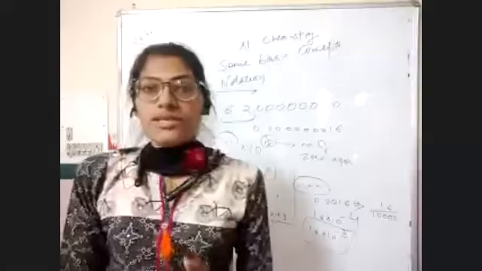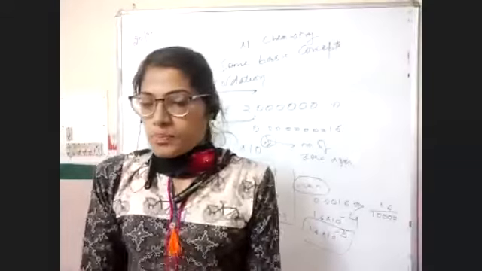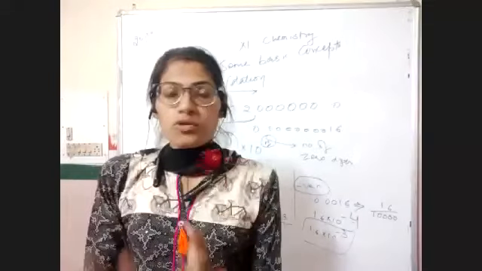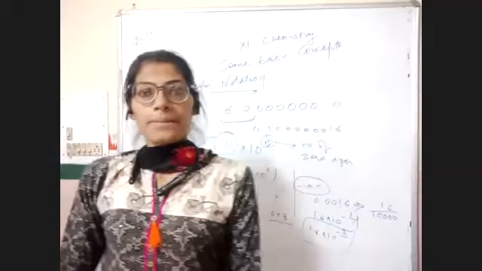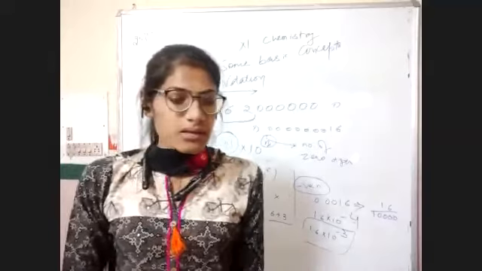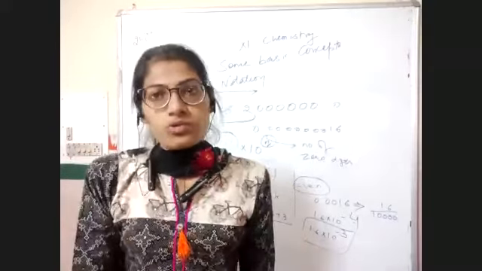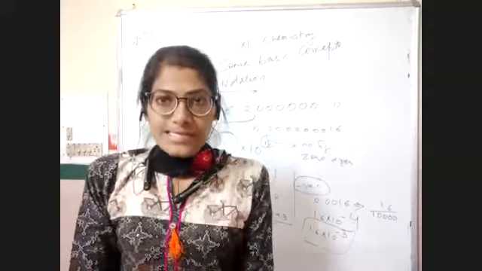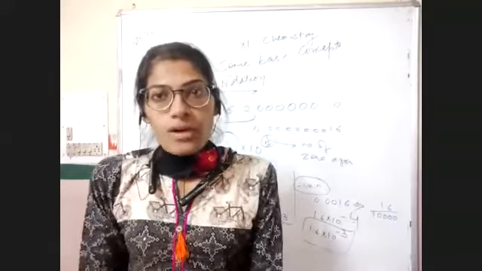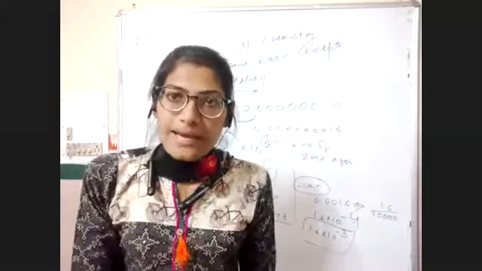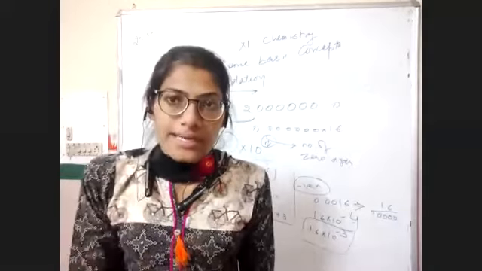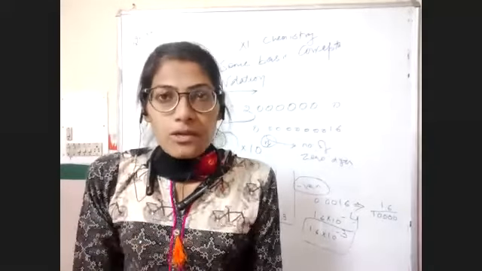Guys, you are with me in the chemistry lab. We are going to perform a particular experiment. What would happen? I'm taking observations from every student. If the exact answer is 2.5, there are some human errors and instrumental errors while performing the experiment.